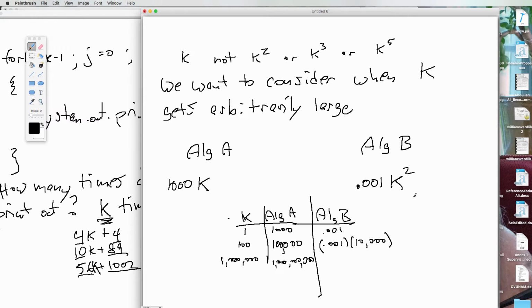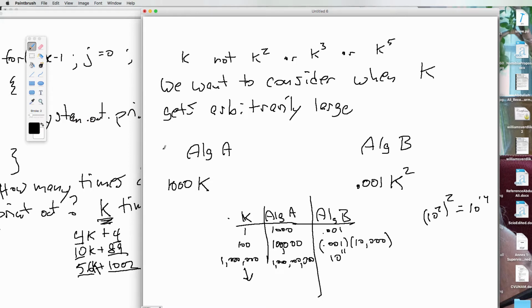Okay, so first of all, if it's 1,000,000, this is going to be 1,000,000 squared, so that's 10 to the 7th squared. That's equal to 10 to the 14th. But then what I have to do is I'm going to divide it by 1,000. That's equal to 10 to the 11th. So this would be 10 to the 11th. And we can see at this point, this is 10 to the 9th, this is 10 to the 11th. This is getting bigger. So in fact, if k is equal to 1,000,000, algorithm B is bigger. And we can see now that as k gets even bigger than that, algorithm B is going to take longer.